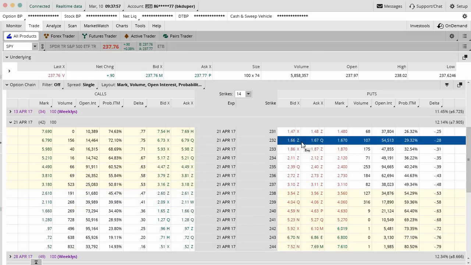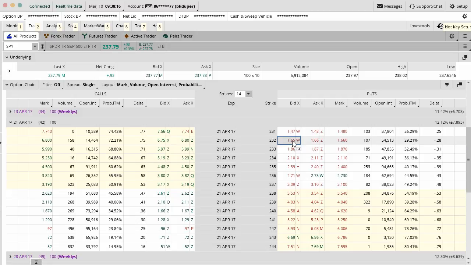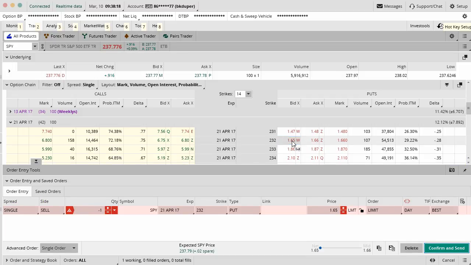Another really quick way to do it, another hack, is to use hotkeys inside of Thinkorswim. You can always hold down the control key, which allows you to manually click on the different strike prices. If you hold down the control key on either a Mac or a PC, you can click on the bid price for the 232 options. That will sell those.